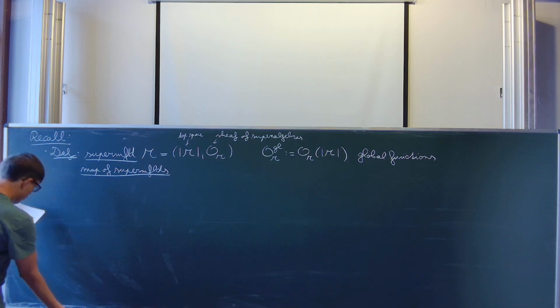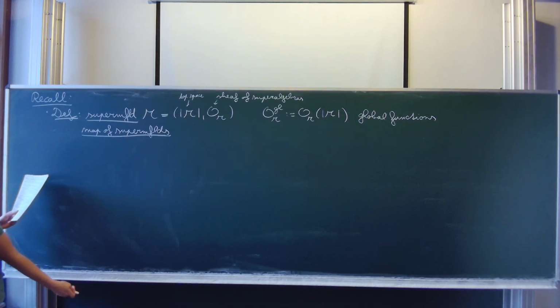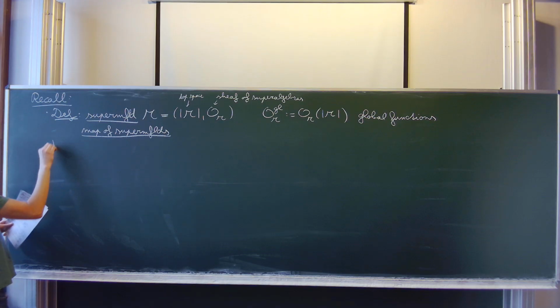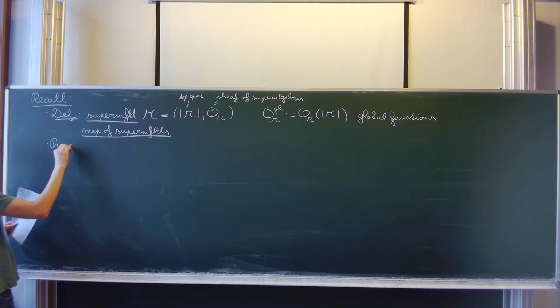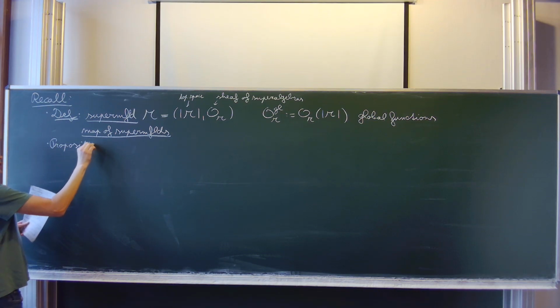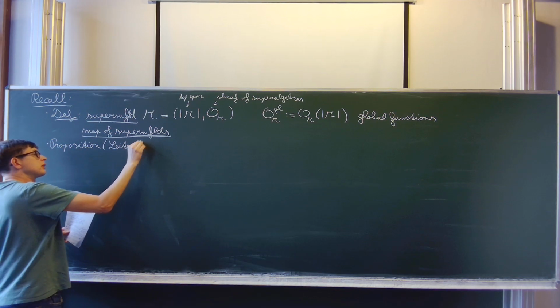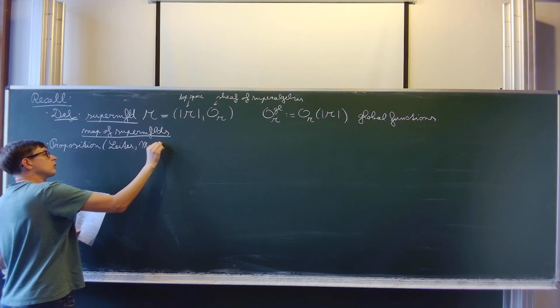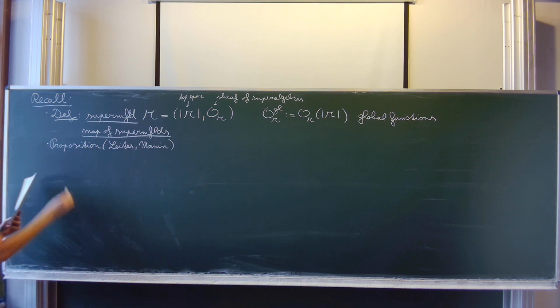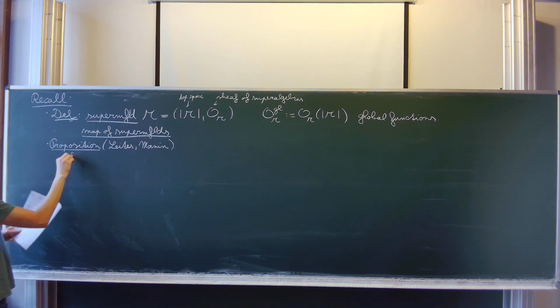And then there was a proposition which told us that we can do things more down to earth. So proposition. This was due to Leites and later also found in the book by Manin, which says that there is a one-to-one correspondence.